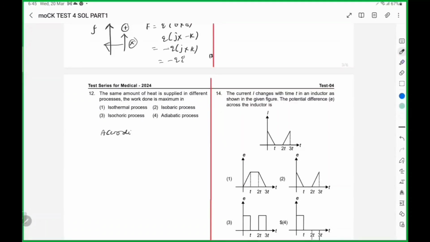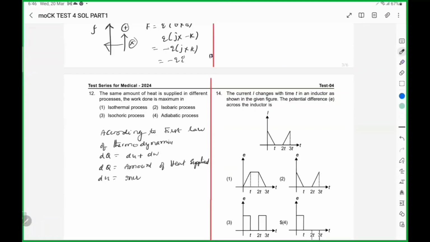According to the first law of thermodynamics, dQ is dU plus dW. dQ is the amount of heat supplied. dU is the increase in its internal energy. dW is work done.